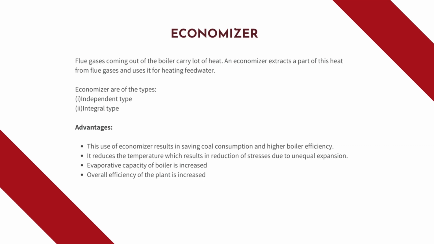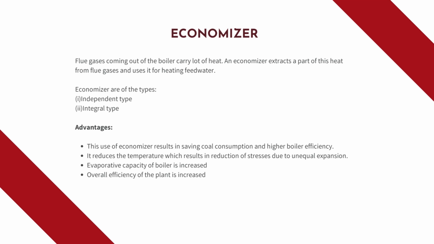Here we can mention some advantages of the economizer, that is, the use of an economizer results in saving coal consumption and higher boiler efficiency. Ultimately, the purpose of the economizer is to increase the efficiency of the boiler, eventually to increase the efficiency of the thermal power plant.